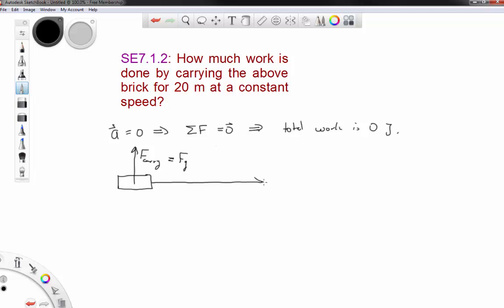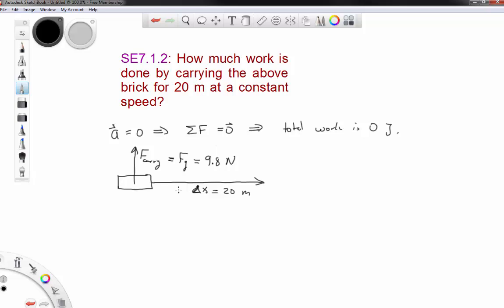Presumably it's being carried across the room. So this would be delta X, about 20 meters. This right here, by the way, since it was a 1 kilogram brick, is going to be 9.8 newtons, for what that's worth.